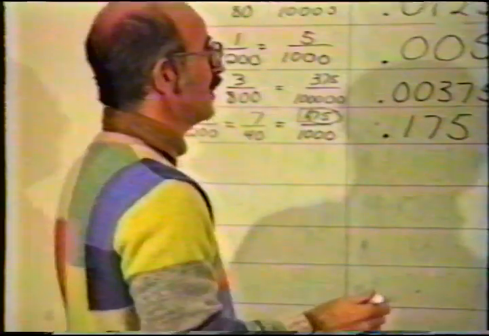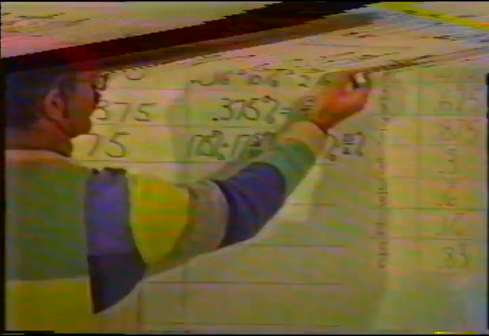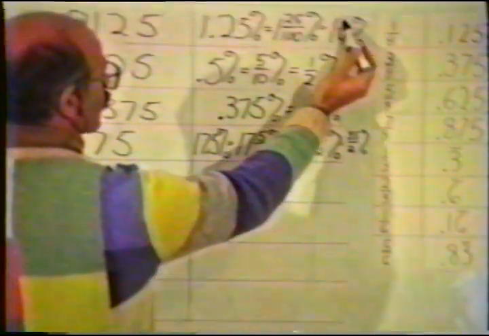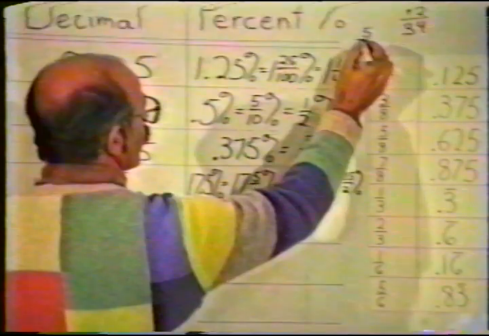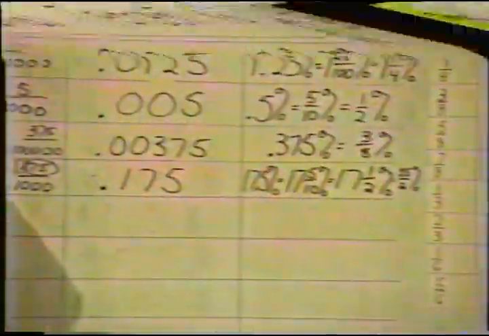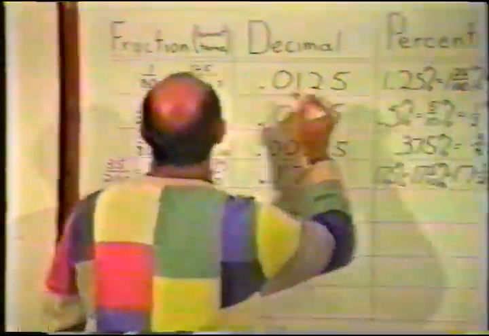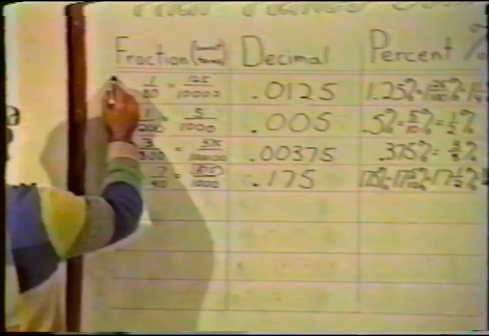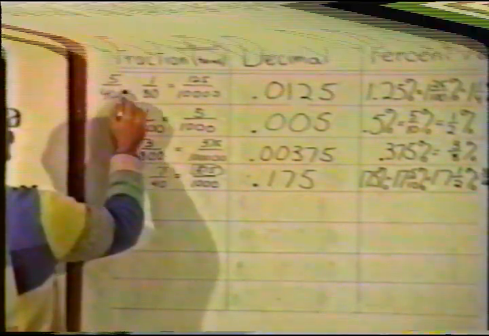We could use the same trick up here. 4 times 1 is? 4. Plus 1 is? 5. 5 fourths, still a percent. If we want to change it to a fraction, we take away the percent sign and put 2 zeros on the bottom. 5 over 400.